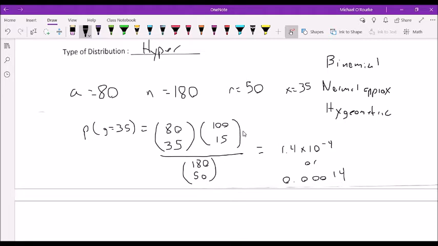80 choose 35 times 100 choose 15, 1.4 to the 40 divided by 180 choose 50. Yeah, okay. The formula is right.